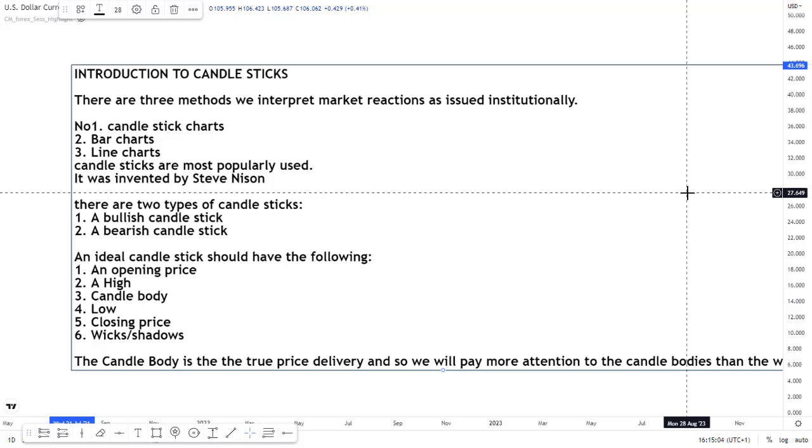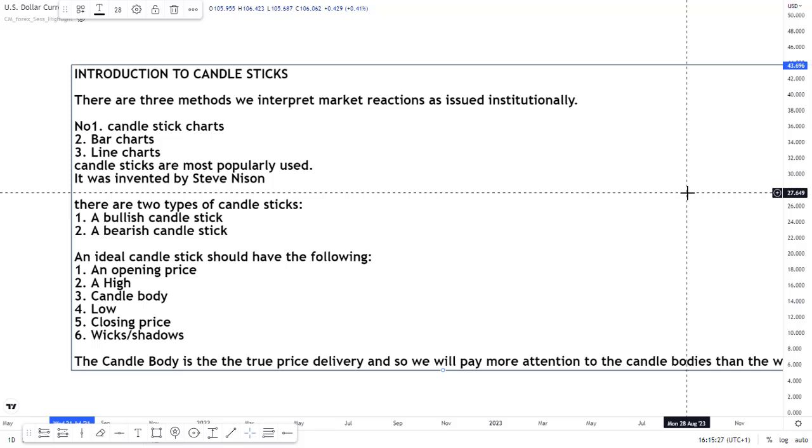You are either interpreting price action using the candlestick charts, the bar charts, or the line charts. But candlesticks are most popularly used because of the uniqueness of the price delivery that we get from them. It is mostly accepted across the world.